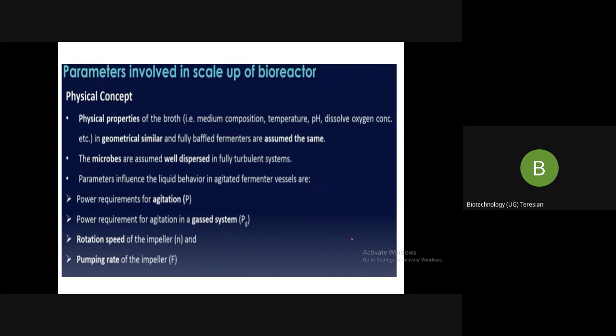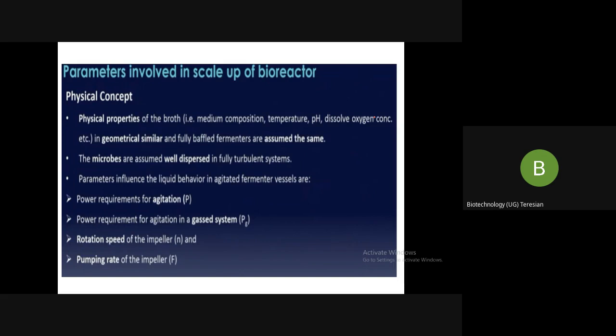For example, the power consumption, heat removal rate. These factors can change with the size of the fermenter. We have physical concepts, that is the physical property of the broth, media composition, temperature, pH, dissolved oxygen concentration, oxygen transfer rate, mixing time. They are dependent on the size of your fermenter, particularly if the vessel is geometrically non-similar.